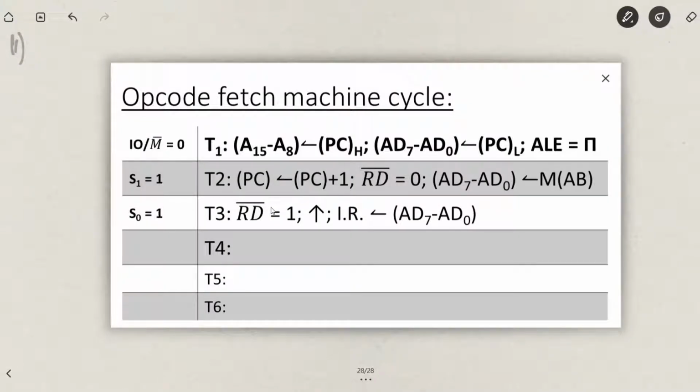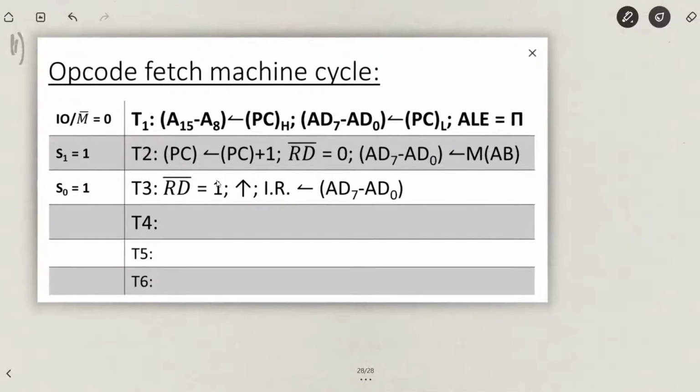As far as the machine cycles go, the micro RTL of this instruction goes like this. You have the opcode fetch machine cycle.